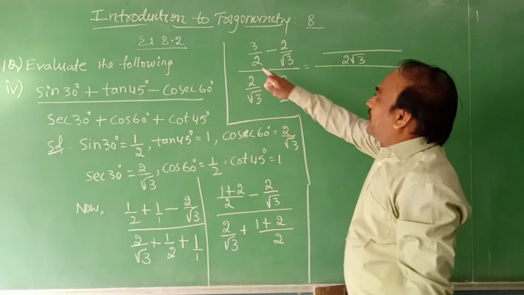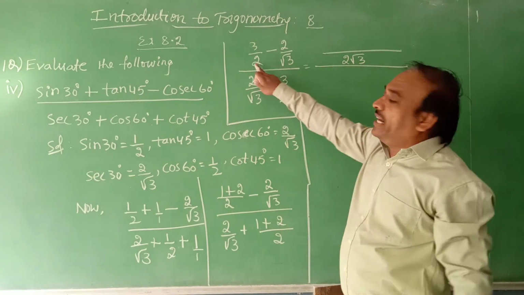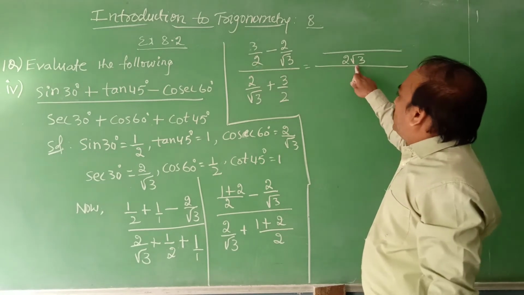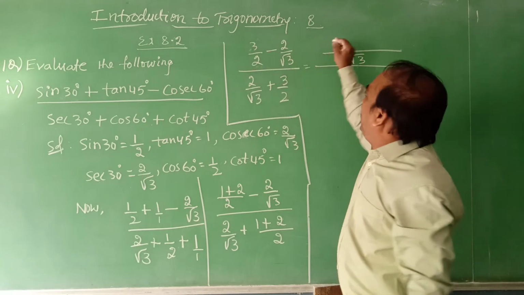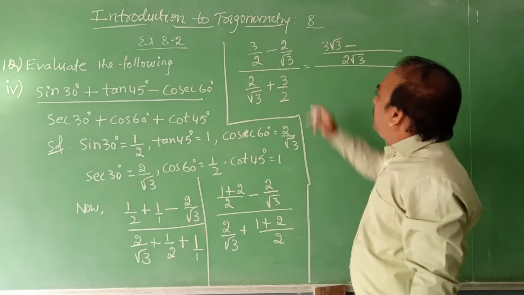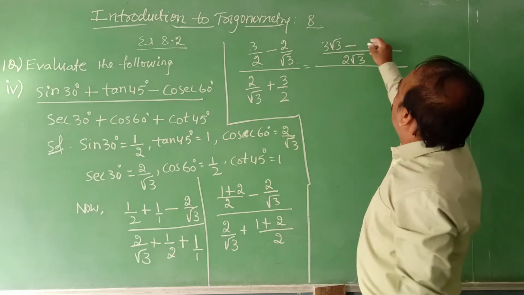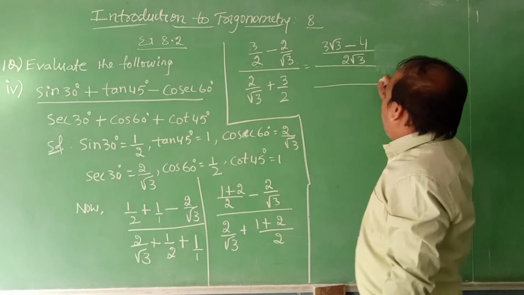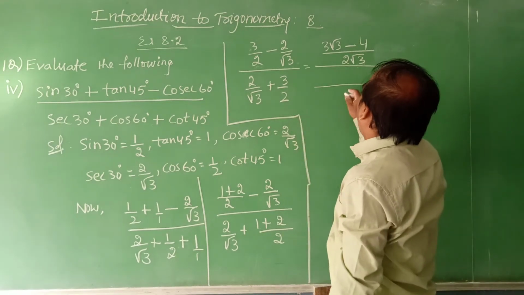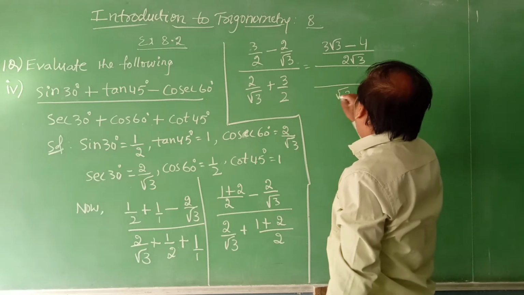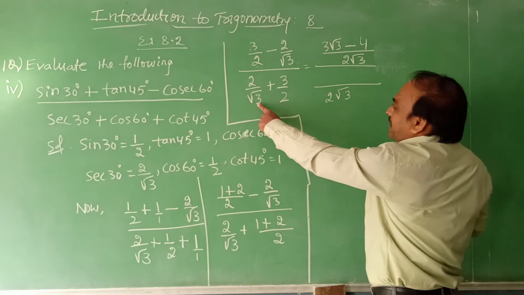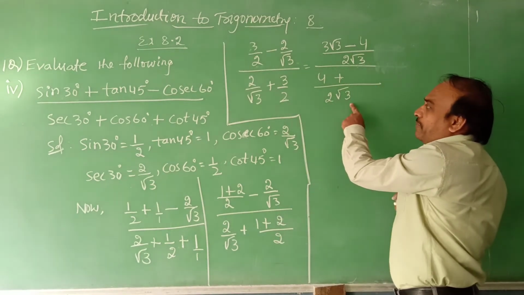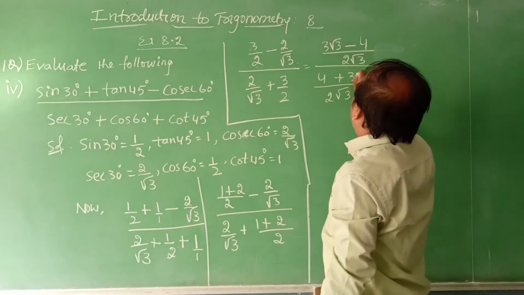Dividing 2 root 3 by 2, the 2 gets cancelled and root 3 remains, so 3 into root 3 is 3 root 3, minus, root 3 gets cancelled, 2 2s are 4. Similarly in the denominator, root 3 into 2 is 2 root 3, then root 3 gets cancelled, 2 2s are 4, plus 3 root 3.